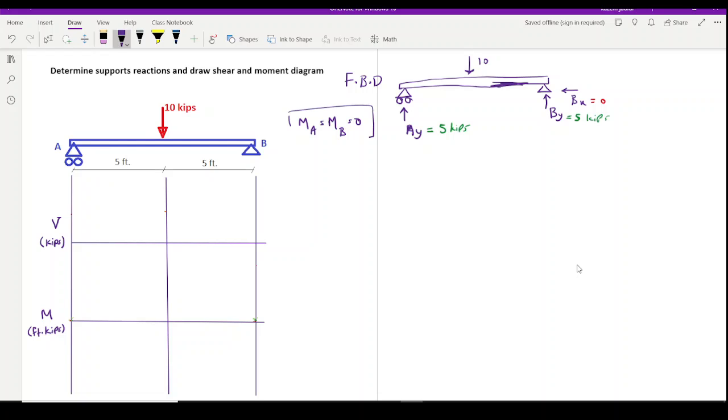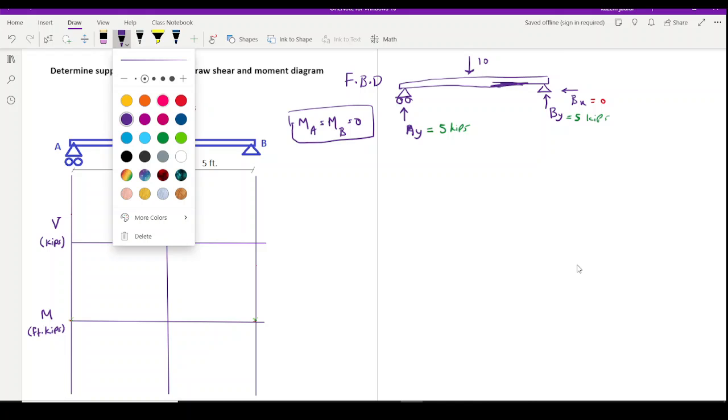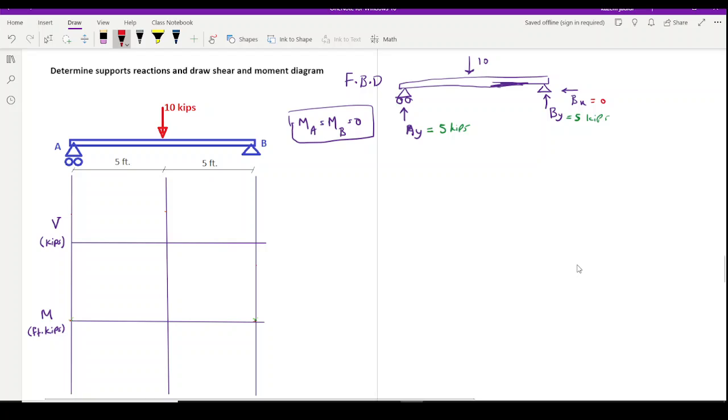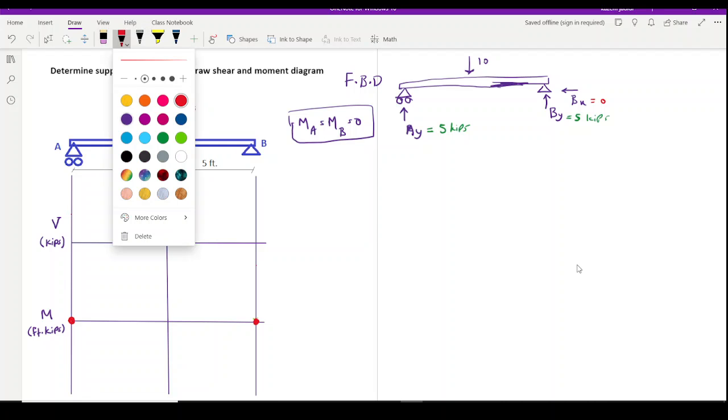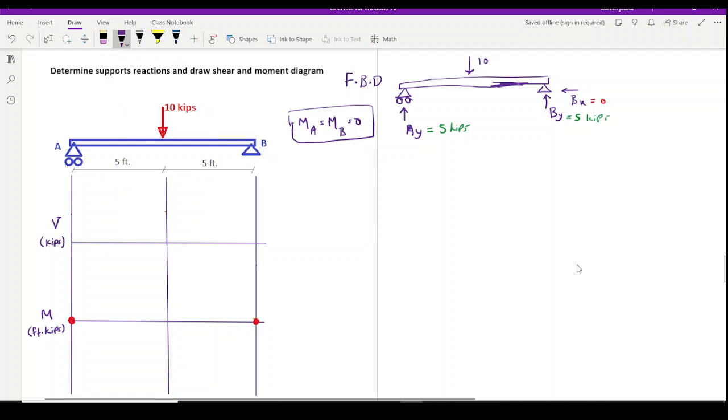I realize that MA and MB is 0. Therefore, I go very quickly on the moment diagram and just show that moment at A and moment at B is 0. I will get back to this moment diagram later, but I just wrote the magnitude of moment that I have at A and B, and I leave it there for now.